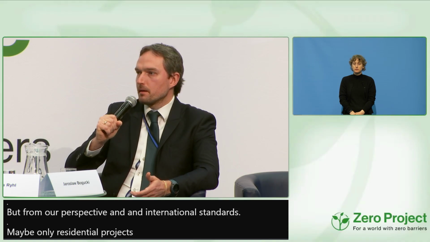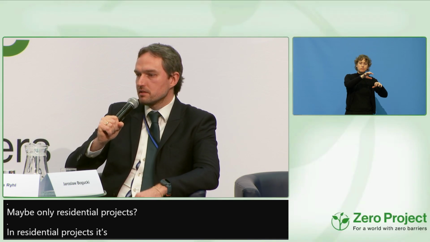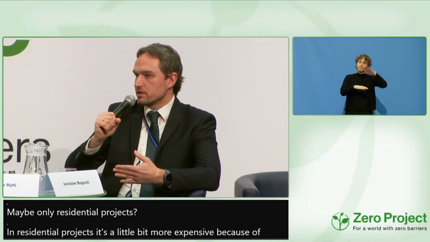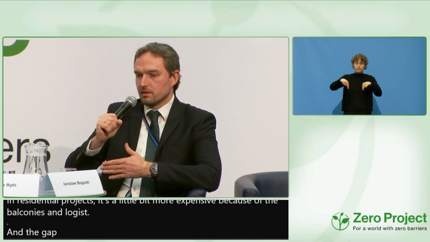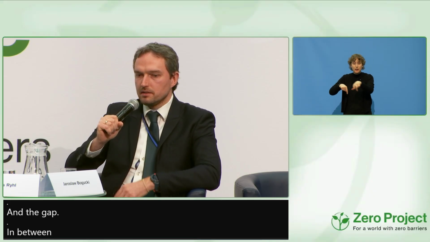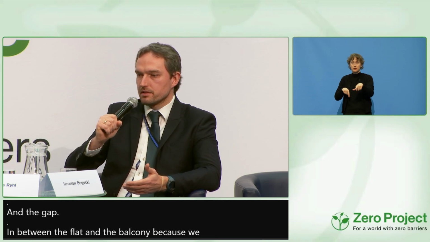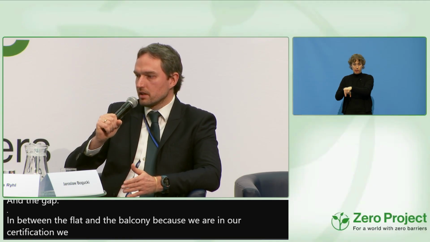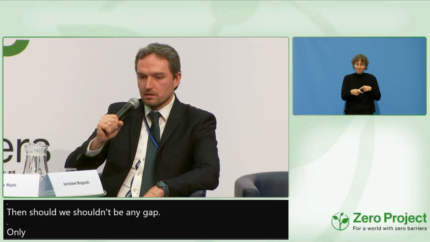In residential projects, it's a little bit more expensive because of the balconies and loggias and the gap in between the flat and the balcony. Because in our certification, we can't use any gaps. There shouldn't be any gap, only 2 centimeters.